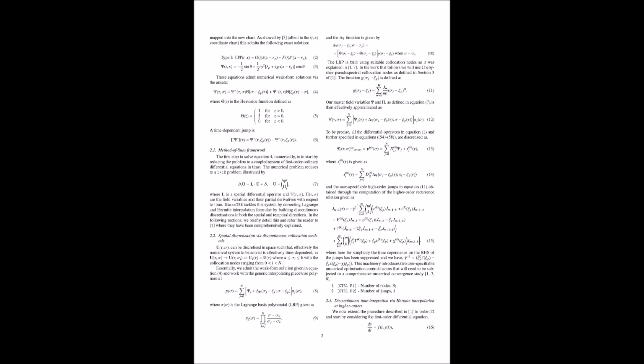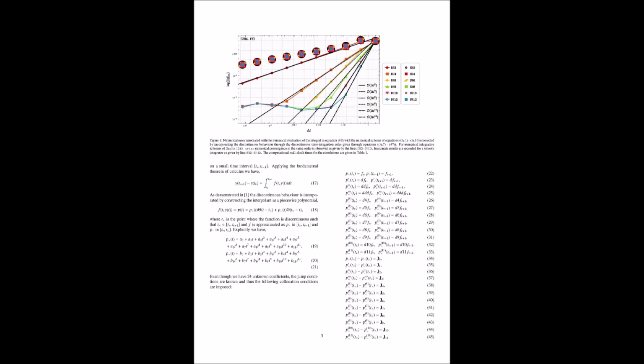Exactly. However, the paper also stresses that this faster convergence comes at a price. The computational cost per time step increases significantly as you go to higher orders. This means that for certain problems, like modeling those highly eccentric EMRIs, the benefits of faster convergence might be outweighed by the increased cost per time step.